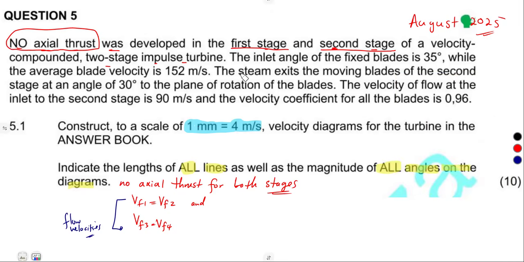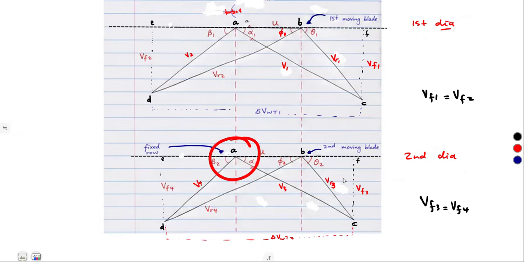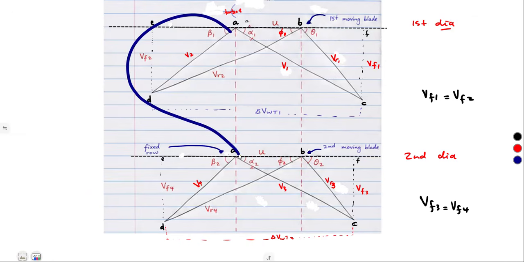Okay, let us move on to another part. We are then given the inlet angle of the fixed blades, which is 35 degrees. Remember, when you consider the fixed blades, it is this part. What we are actually referring to is the exit from the first diagram to the second diagram.